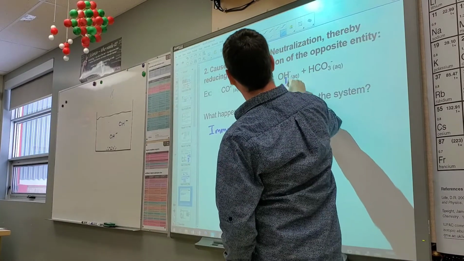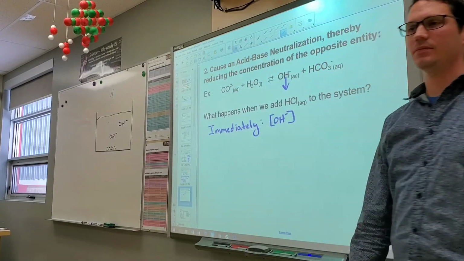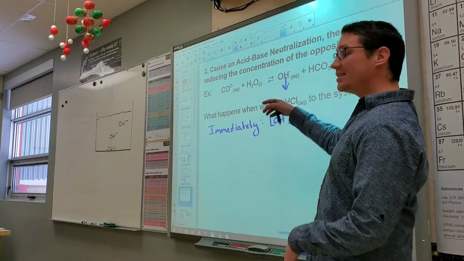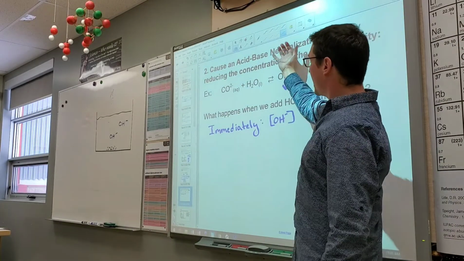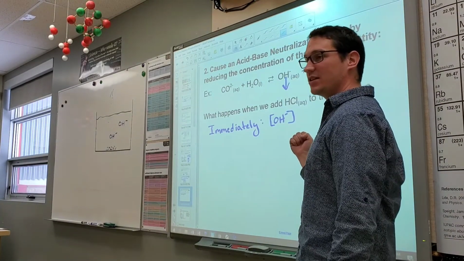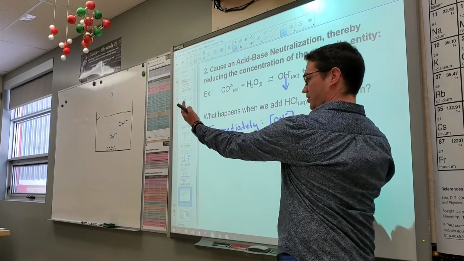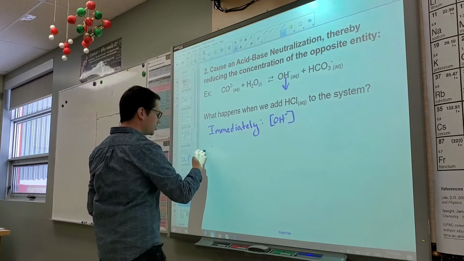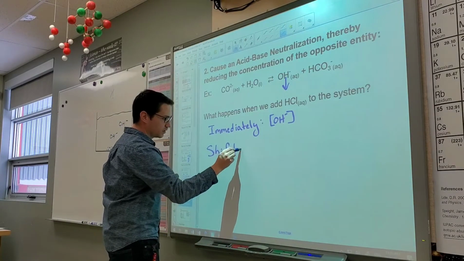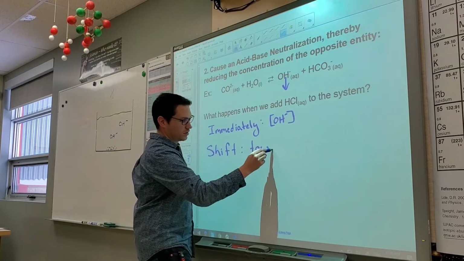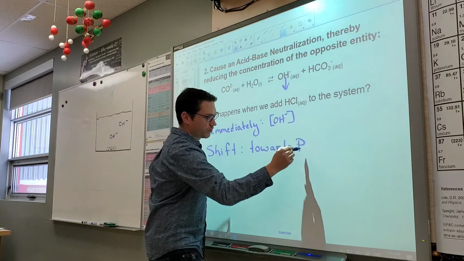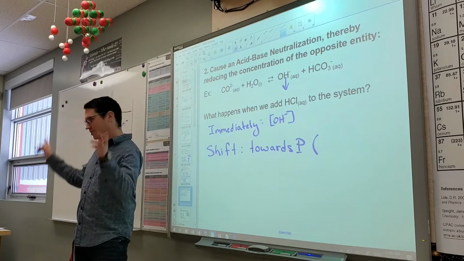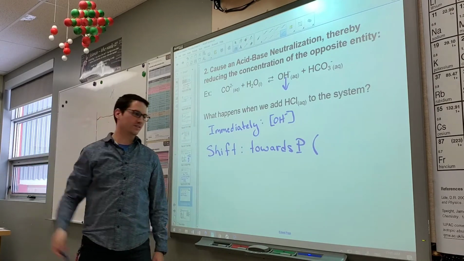So I'll draw an arrow down. Now, can you immediately see which way this is going to shift? If you take this away, which way is it going to shift? Towards the products to make more of it, right? So we shift towards the products. And what's another way of saying shifting towards the products? Shift to the right, yeah.